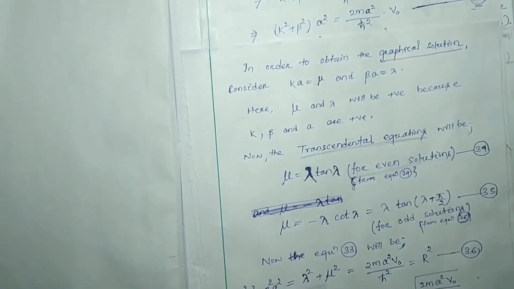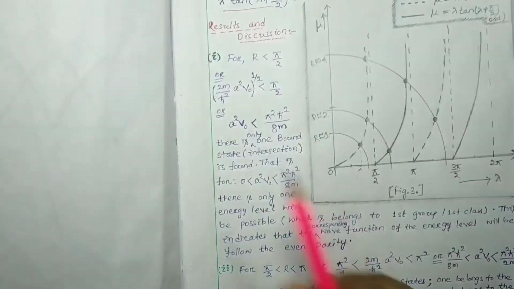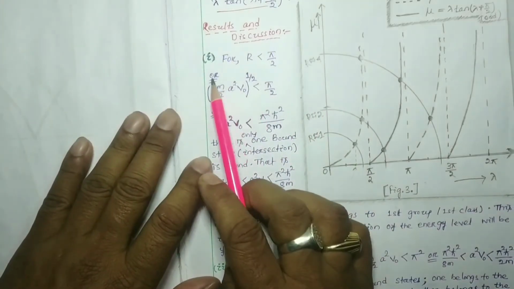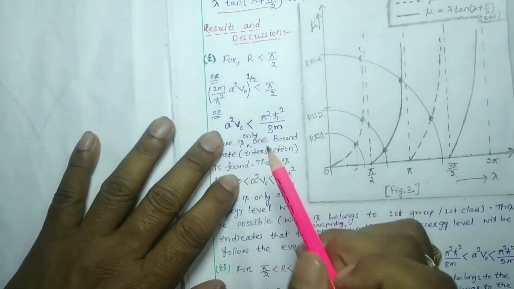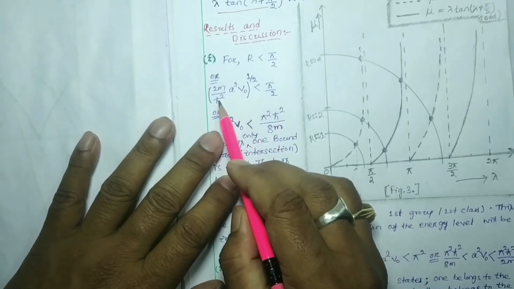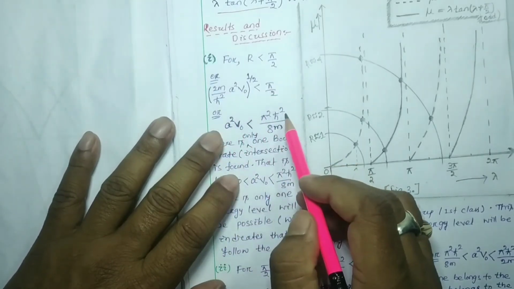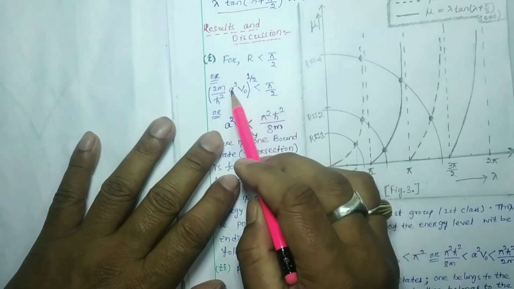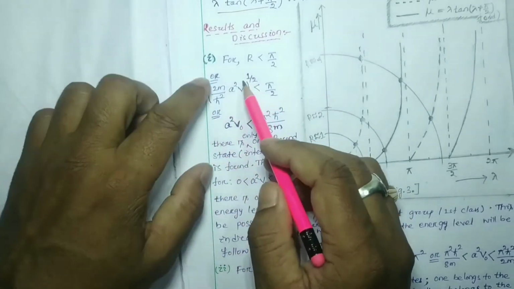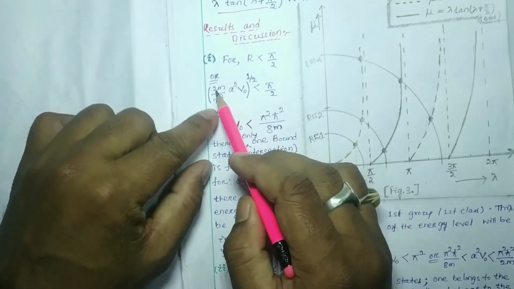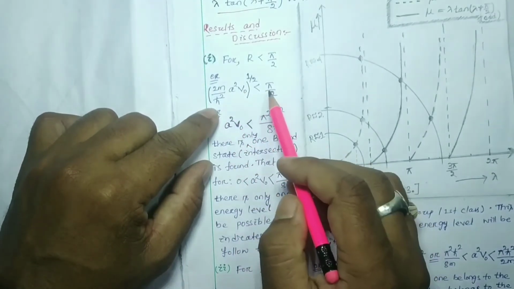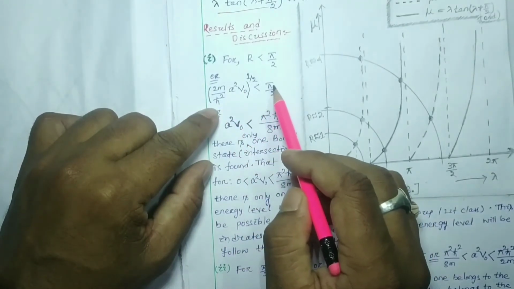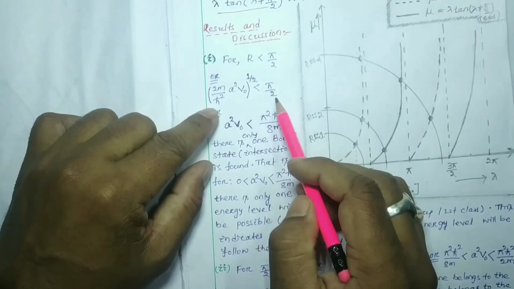Here we considered that r is this one, so this is less than pi by 2. You can move h square to this side. First we have to take the square, so it will be 2m by h cross square, a square v0 less than pi square by 4.